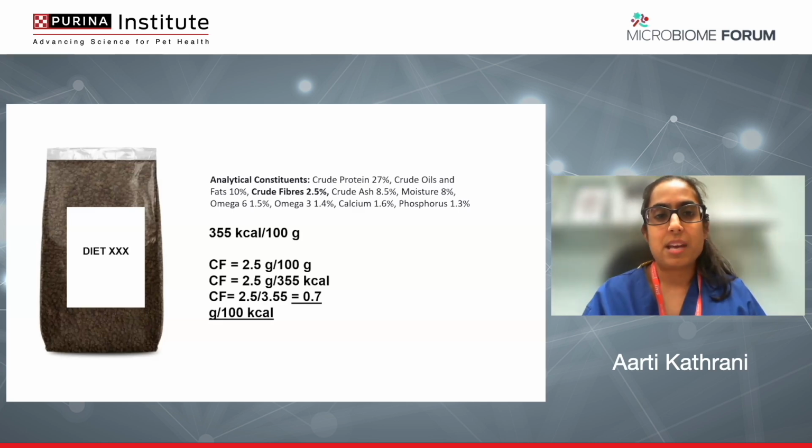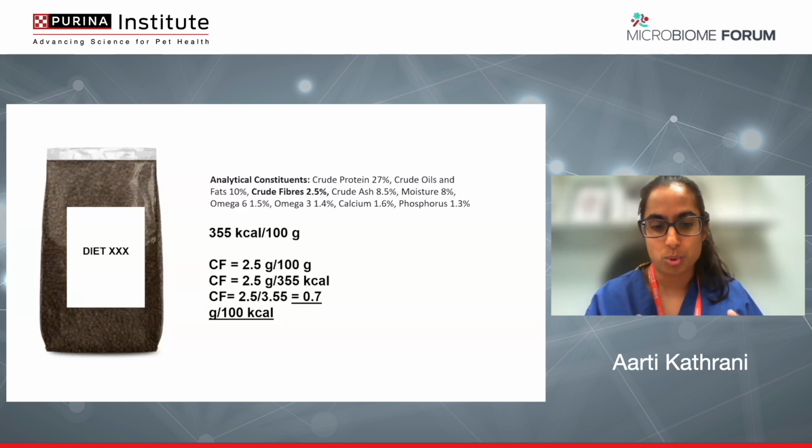Now, I just want to say, when we're comparing fiber contents, or trying to determine fiber contents in pet food, you want to try and use total dietary fiber. That's more accurate. It captures most of the fiber in the food, whereas crude fiber only captures some of the insoluble fibers.